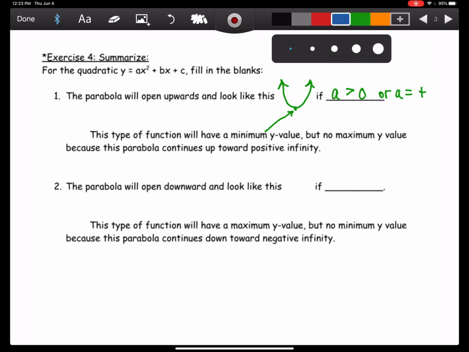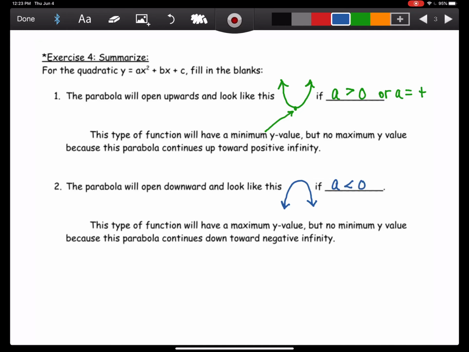Now, number 2, the parabola will open downward and look like this if a is less than 0, or a equals a negative value.